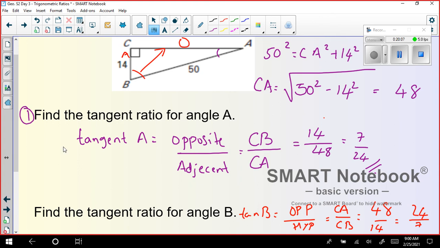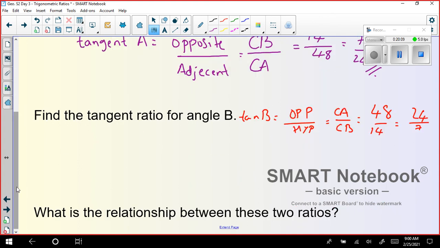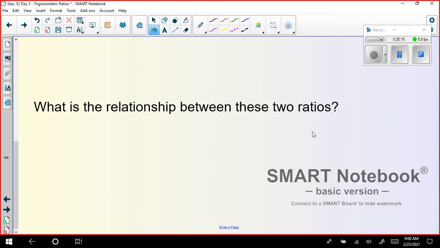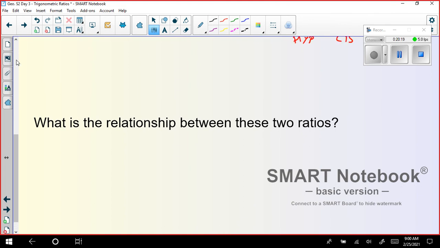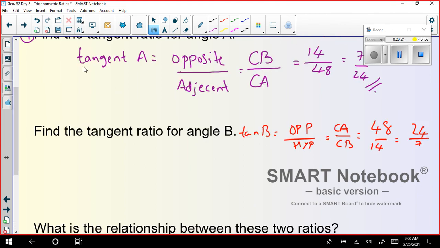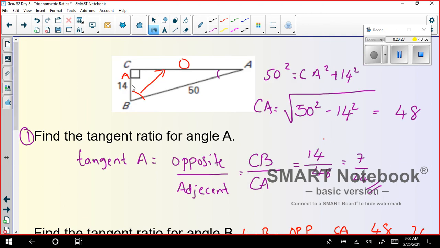Okay, let's see the next problem. What is the relationship between these two ratios? Observe here, there is a relationship between tan A and tan B. The relationship between these two is that one is the reciprocal of the other, right?